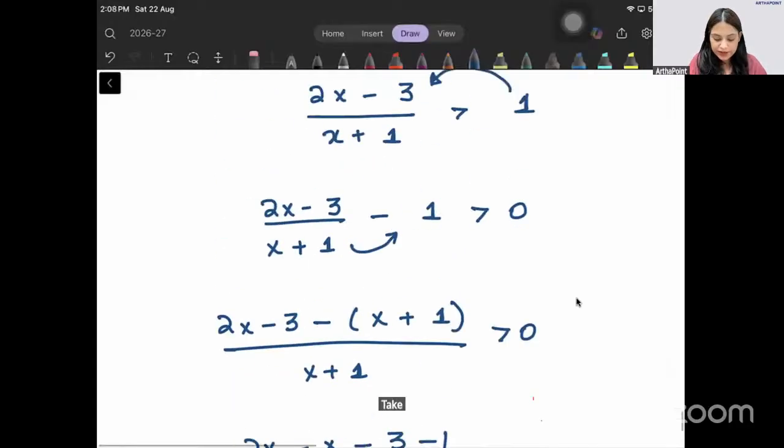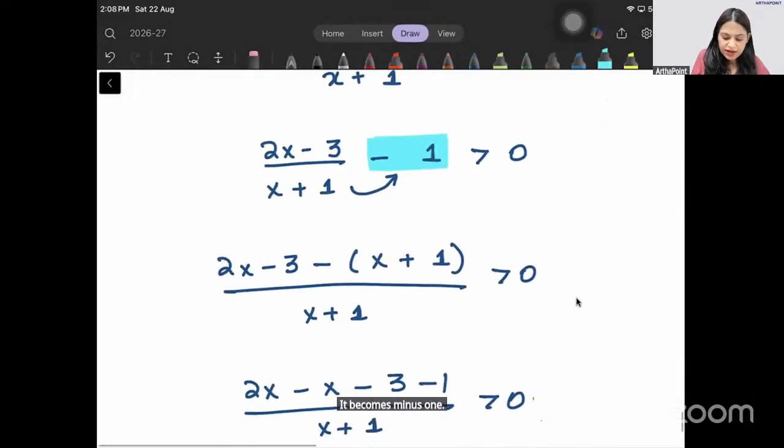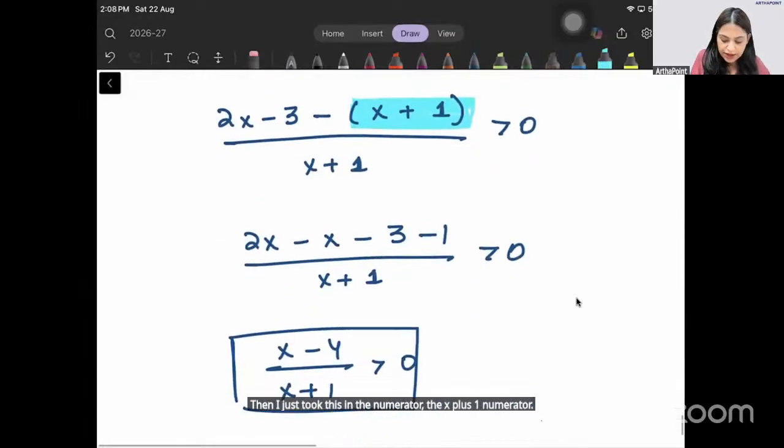You will get this. When I solve this inequality, I took the 1 to the other side, it becomes minus 1. Then I just took this in the numerator, x plus 1 came in the numerator. And after that I just opened it up and I got this.